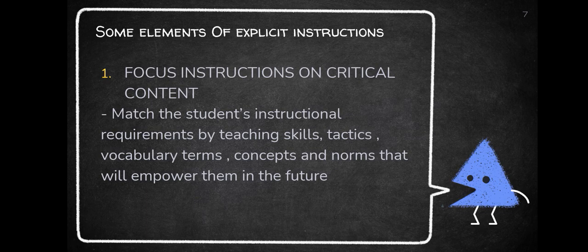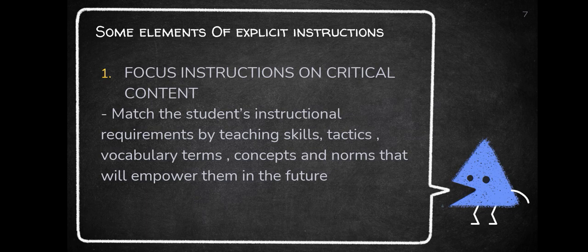You would focus on the critical features of plants and how they keep a plant alive. The knowledge of the parts of plants and how a plant stays alive is more critical for students' future success than the different types of plants. So that's it. Let's proceed to the next element.